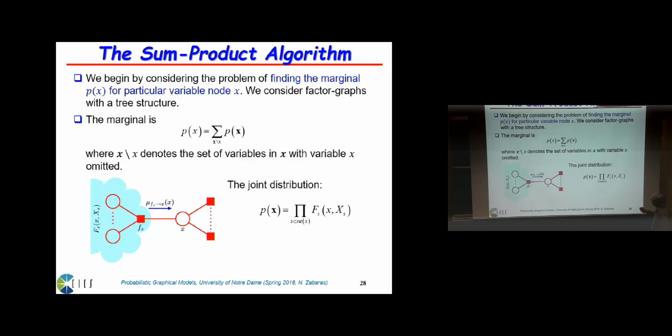So do not confuse this with this factor, because this factor involves only the potential that has this node and that node, but there is a node here, a node there, etc. And there are more factors. But the whole idea is that this whole thing is a subtree.